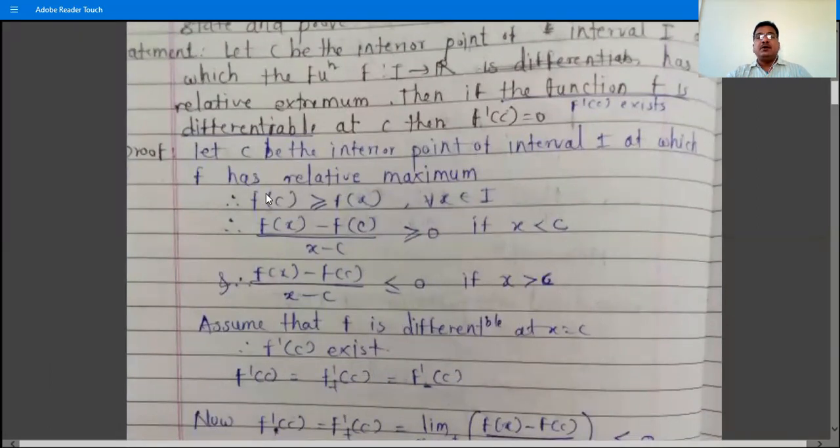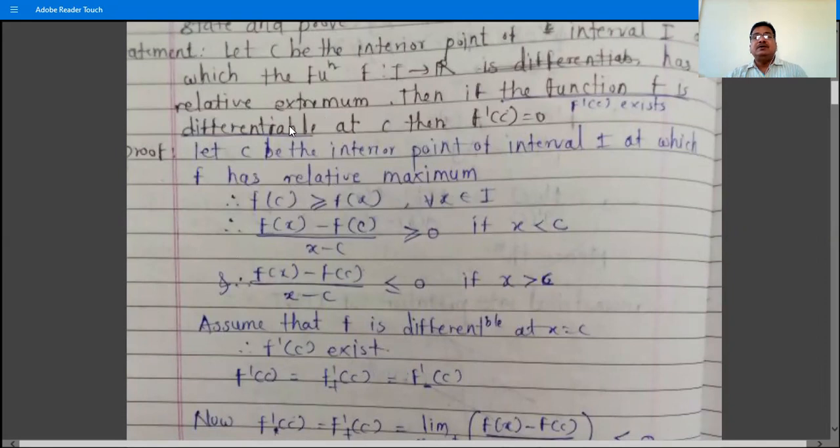At the point C, the function has a relative extreme, meaning either maximum or minimum at the point C. We assume that the function f is maximum at the point C. And so f of C is greater than or equal to f of x for all x belongs to I. That is, the image of the point C is larger than the image of all the remaining elements.